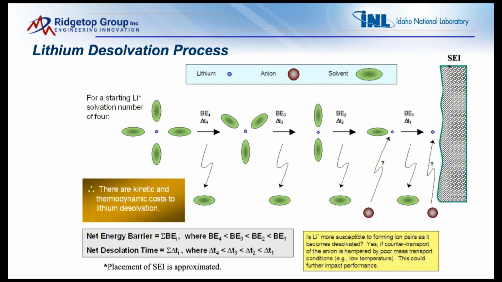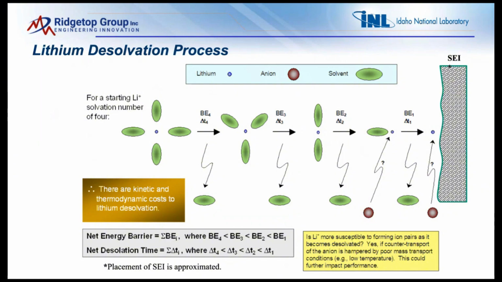As it moves from that spot in the bulk electrolyte over toward the right, where it's going to be inserted into some form of an electrode surface, it has to shed those solvators. Each solvator has its own price tag for being removed and breaking that electrostatic association with lithium.